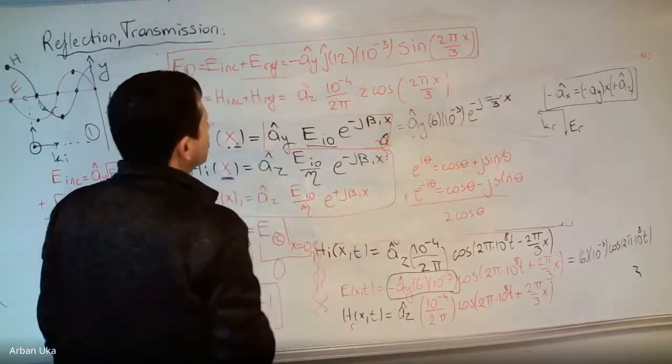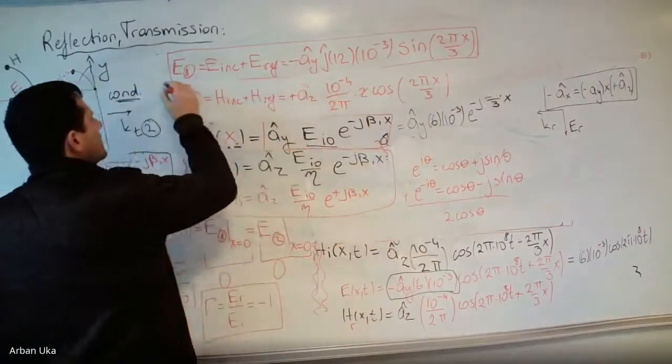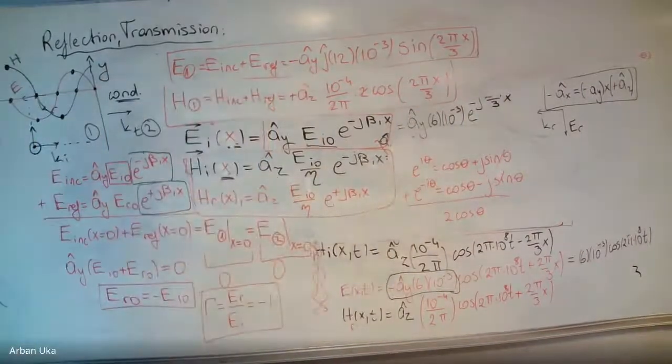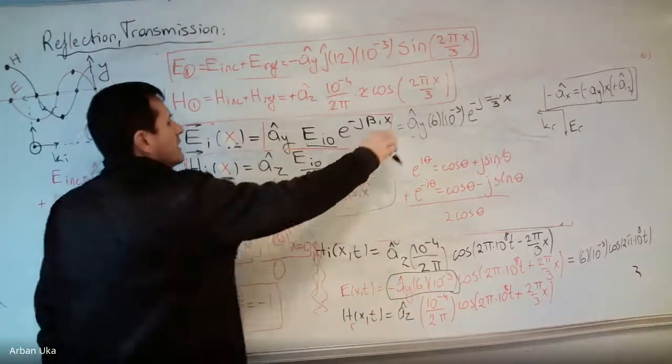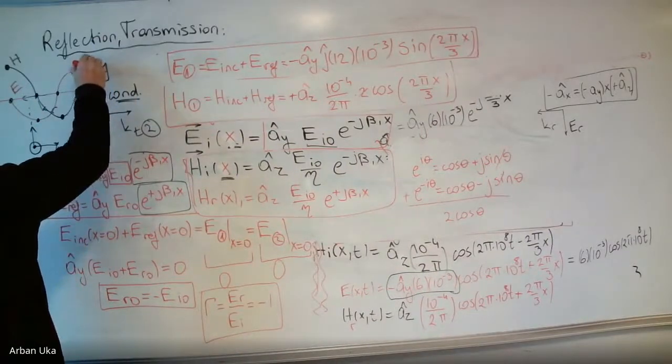You can cancel a couple of 2's, the amplitudes look as they are, but here we have the magnetic field intensity in region 1, and we know that cosine at x equal to 0 is 1, so it's a maximum value.